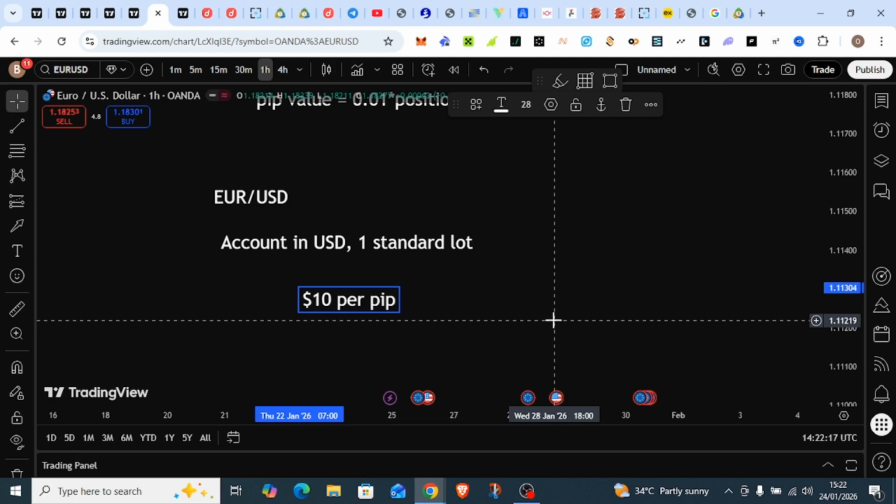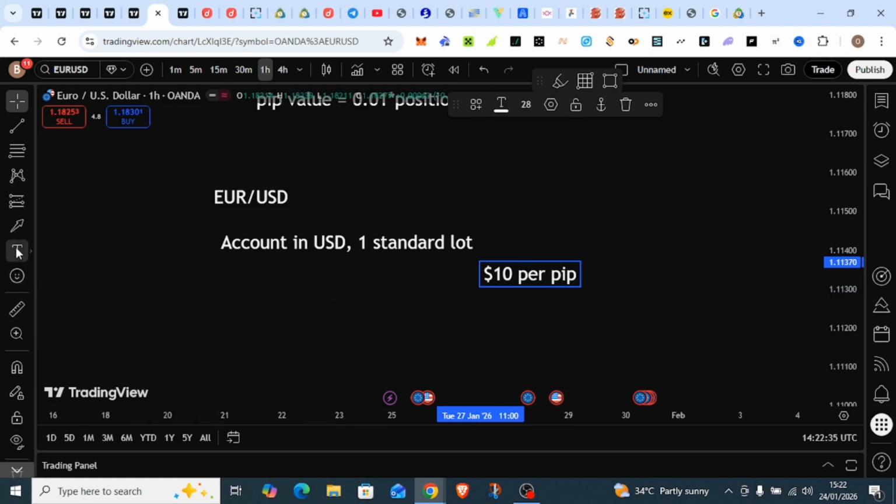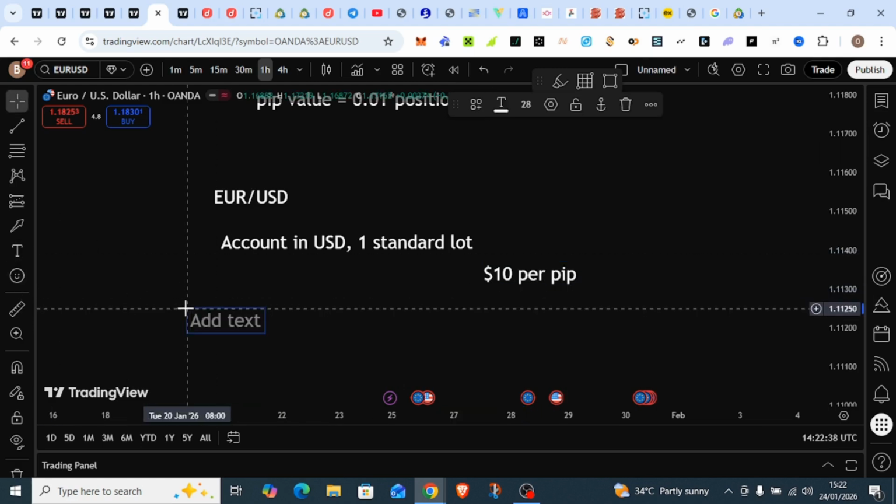Then what if we have price at 1.2000 and want to calculate the pip value.